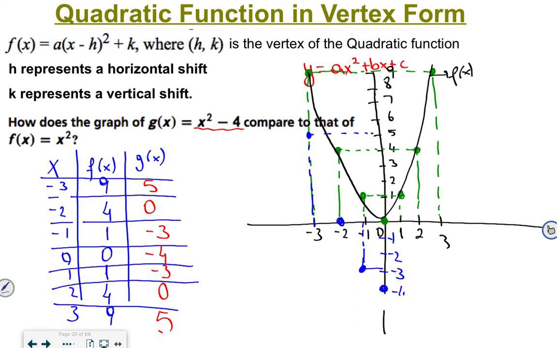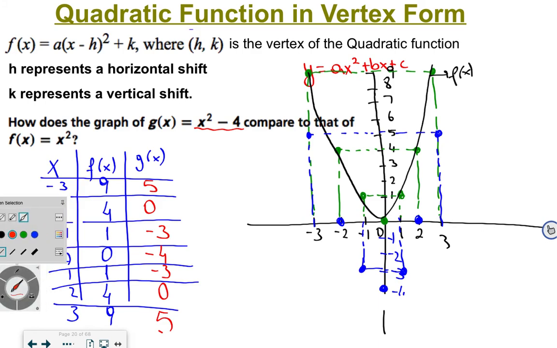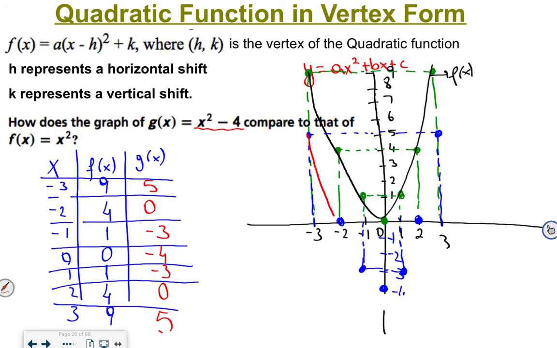Next, 1 and -3 again. Next, 2 and 0. 3 and 5. If you connect these points, you can get the g of x function. So this is your g of x function.